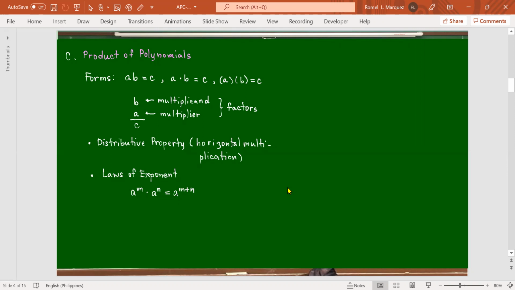We add exponents, right? Guys? Okay? Yes po. Let's say we are asked to perform the indicated operation. The given product. Okay? Number 1.